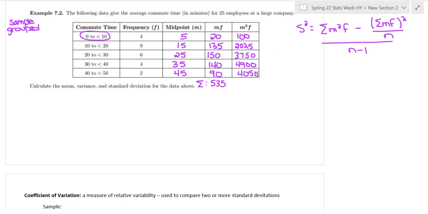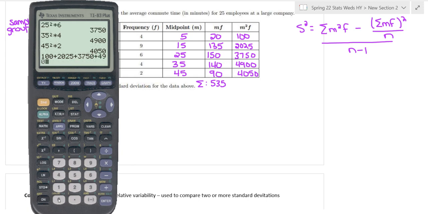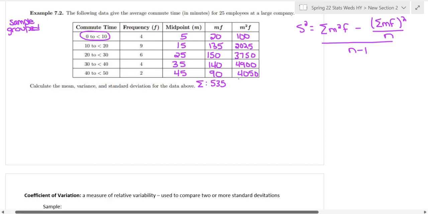And then we'll go ahead and add all of those together. So 100 plus 2025 plus 3750 plus 4900 plus 4050. That's it. So 14,825. It's going to be that sum here.